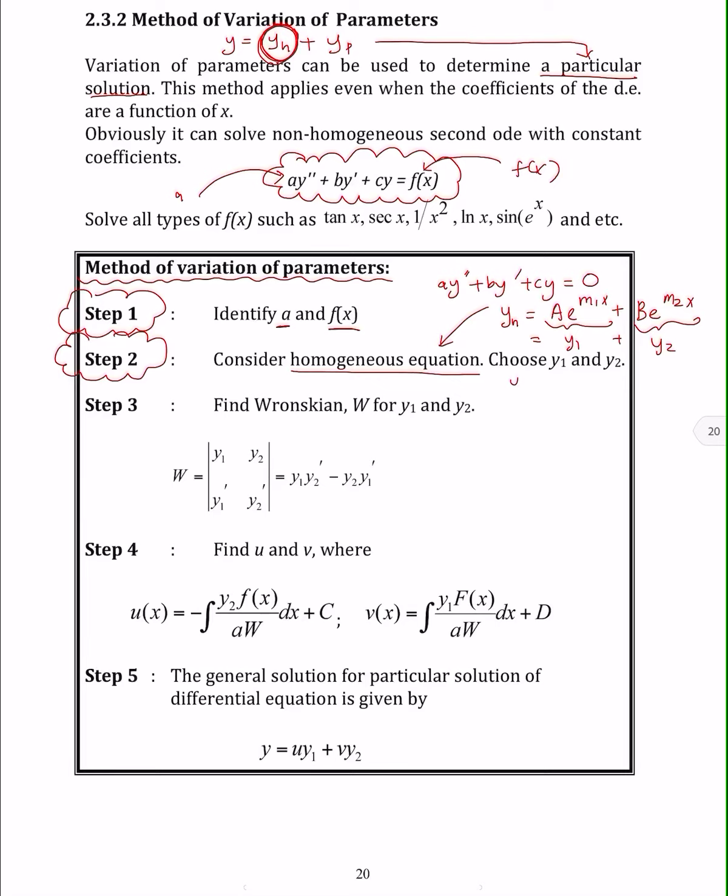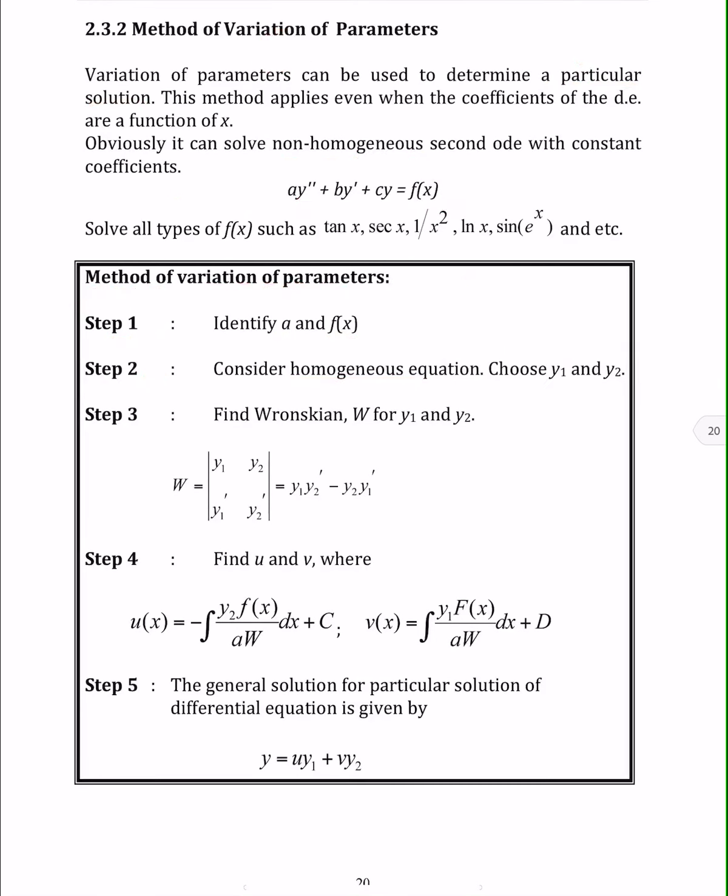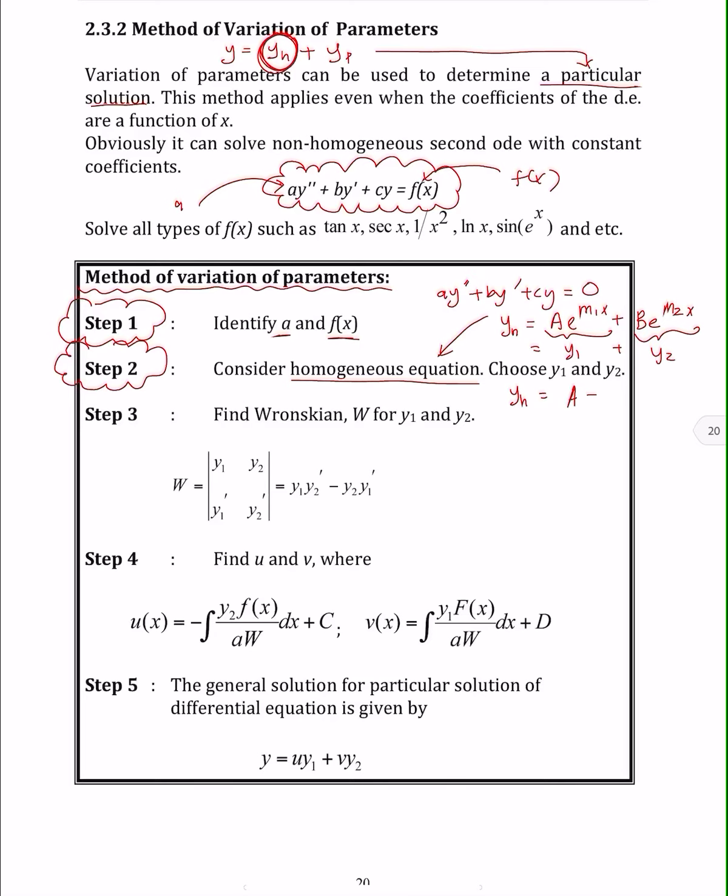Or if m1 is equal to m2, we obtain a e^(mx) plus b x e^(mx). So y1 will be the first term and y2 will be the second term.